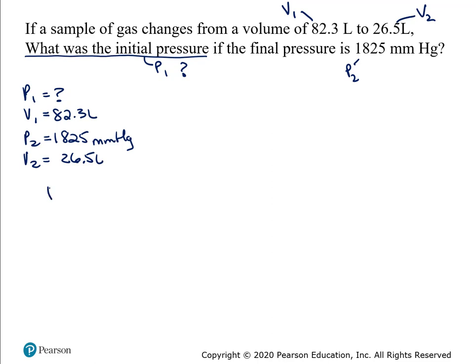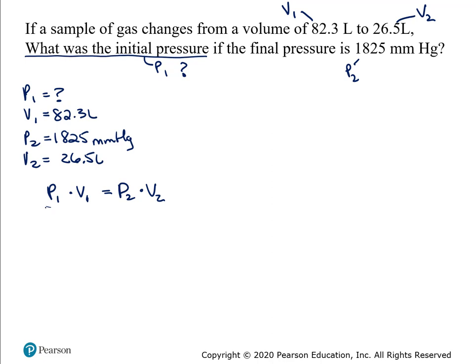Next, P1 times V1 equals P2 times V2. What do I have to get all by itself? P1, the one you don't know. If I look at this formula, V1 is over with P1, so I have to move V1. See how P1 and V1 are both on the same side? I want P1 all by itself, so what do I have to do to both sides?